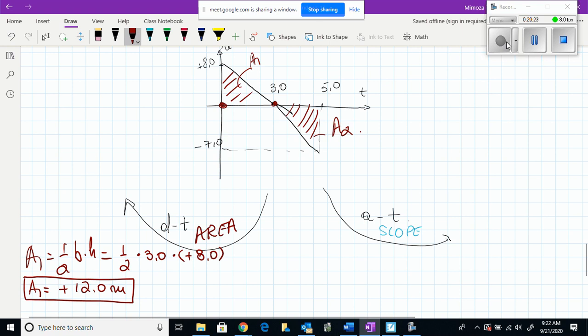Okay? And then area 2 is again a triangle. So the formula is 1/2 base times height. The base is this one here, so it's 2 seconds, times the height, which is -7. So area 2 will be -7 meters.